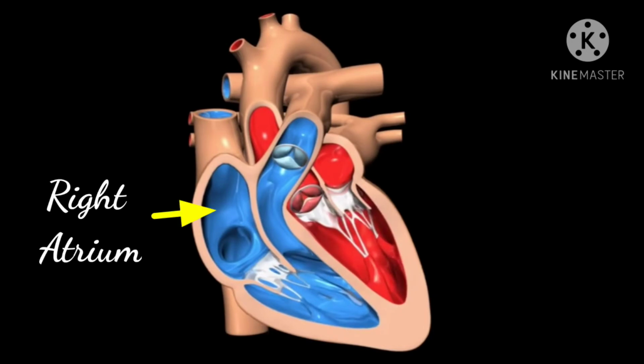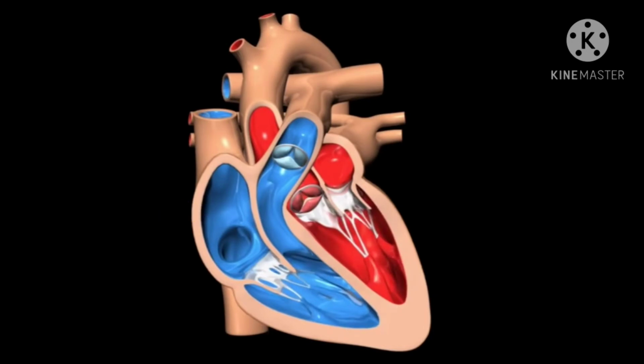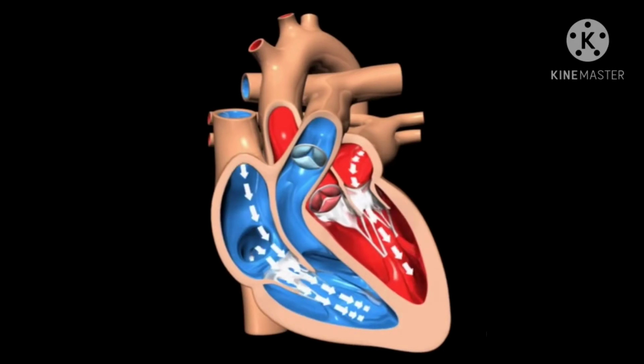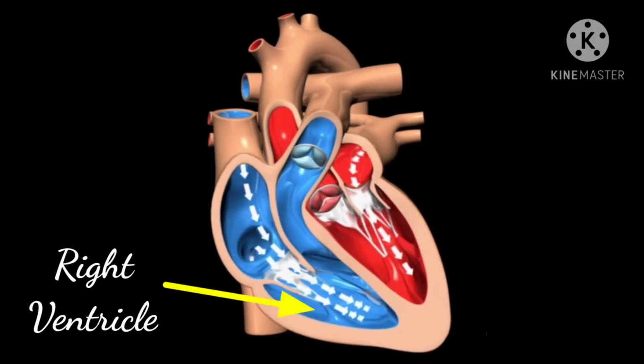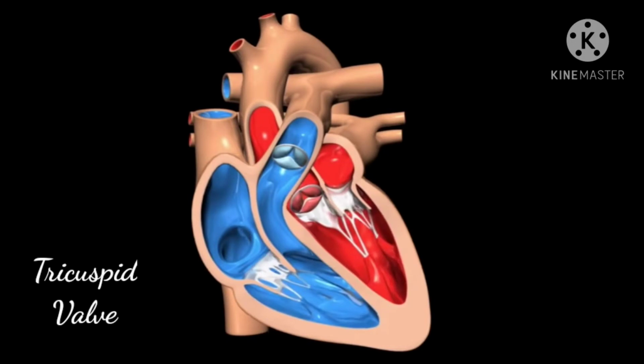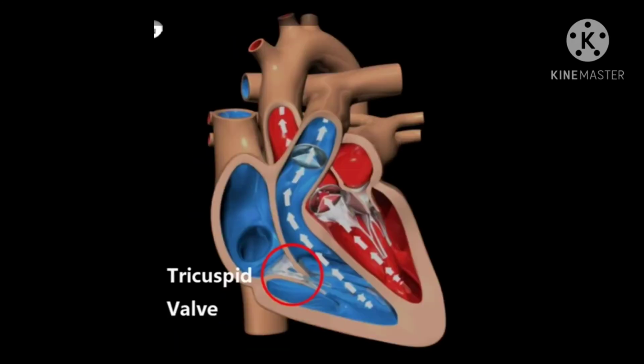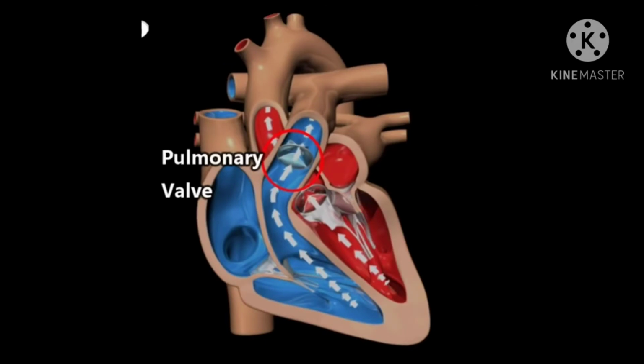When the right atrium contracts, the deoxygenated blood is pushed into the right ventricle through the open tricuspid valve. Remember children, when the ventricles are full, the tricuspid valve closes.